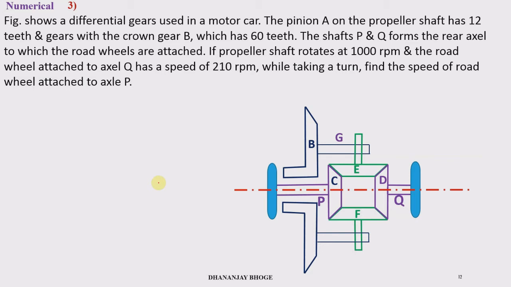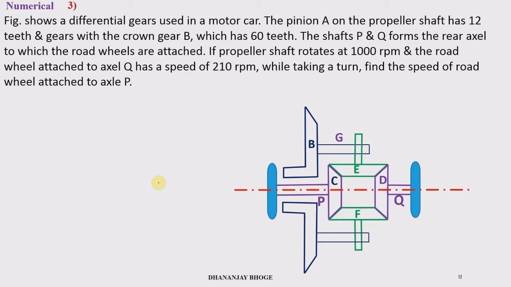So the arm G will not restrict the rotation of gears E and F about their own axis. So crown gear B carries arm G, and arm G carries gears E and F, which are in mesh with gears C and D attached to the rear axle or rear wheels of your car.